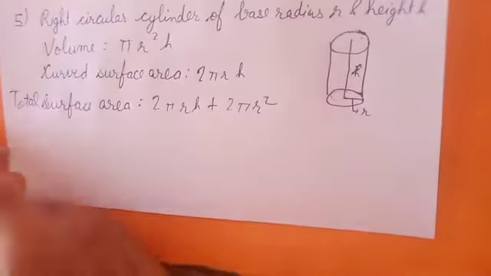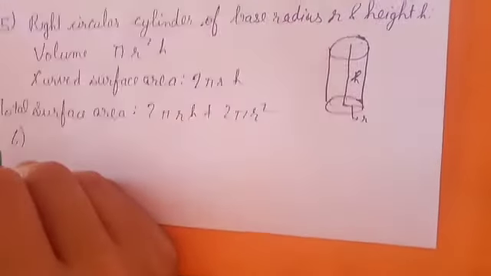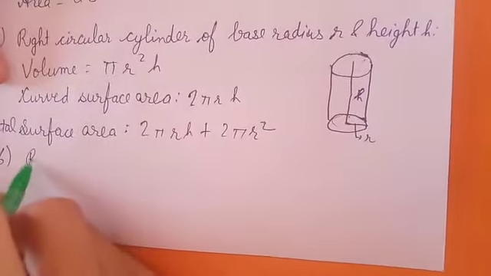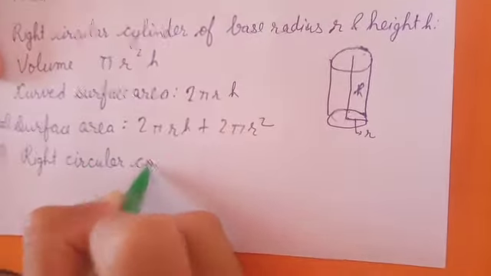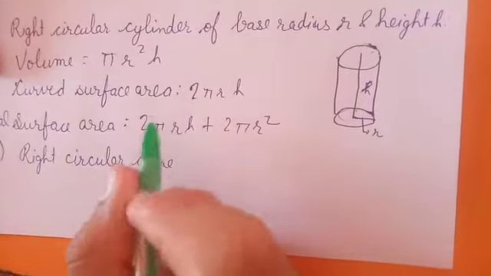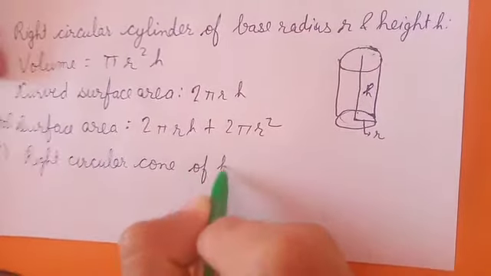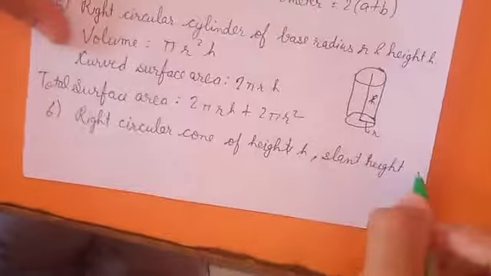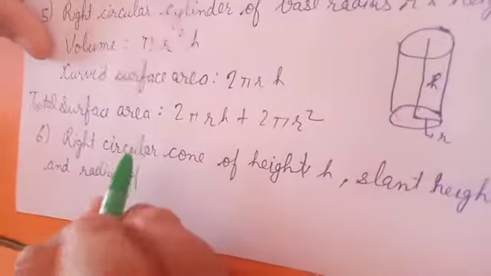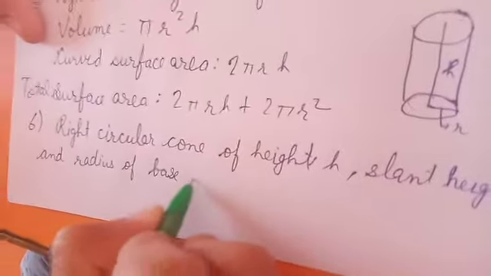Okay, next is our right circular cone, with height h, slant height l, and radius of base r.